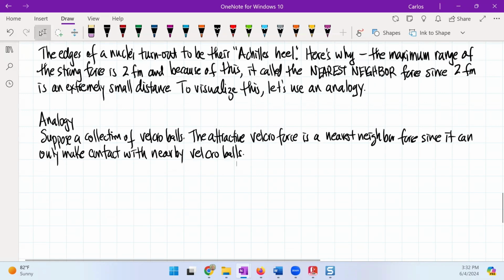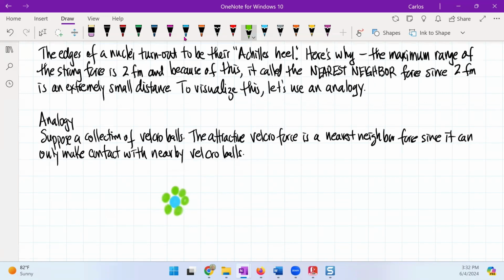So let's start to look at this thing. Picture-wise, I'm going to say that I have a blue ball in the center. And I take this ball, and it has Velcro all over the place. Now imagine that I have green Velcro balls that look like this.